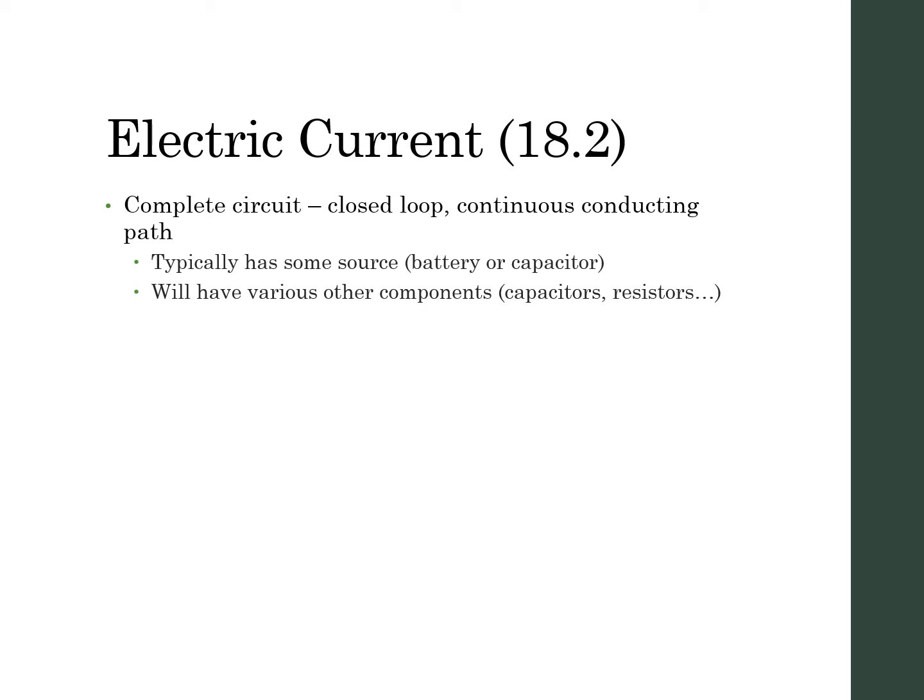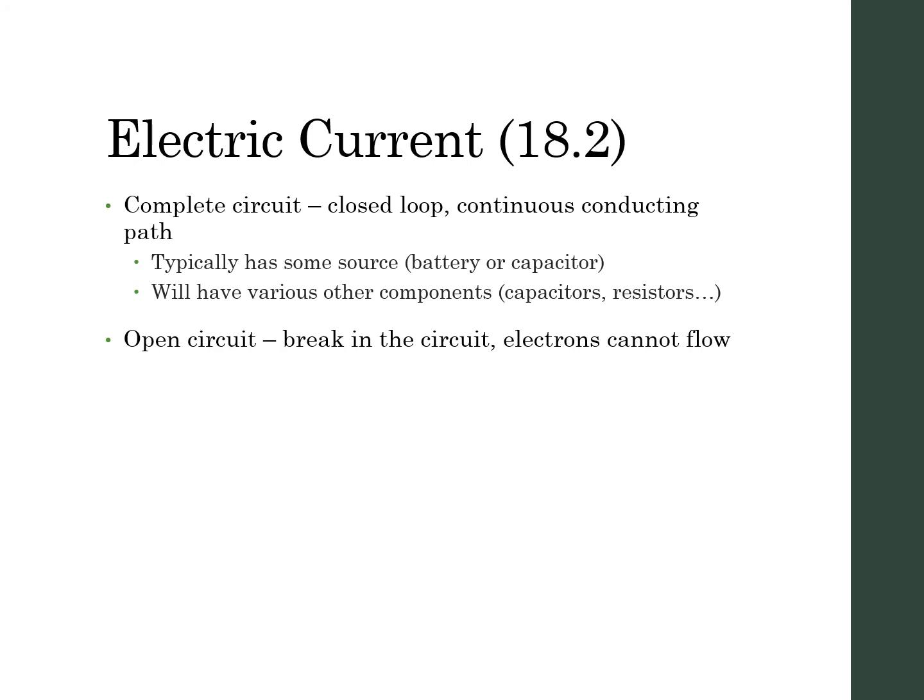We're going to be focusing on these things called capacitors and resistors, but there are thousands of other types of things you can put in your circuit as well. So we're going to be setting the base. So when we get into circuits in more detail, we're going to be focusing on the basics of it because circuits can get super complicated super fast.